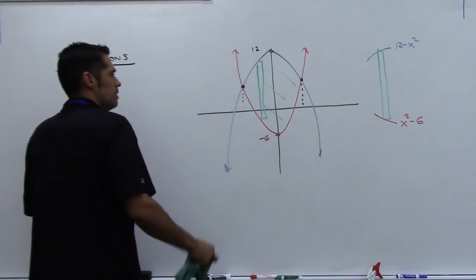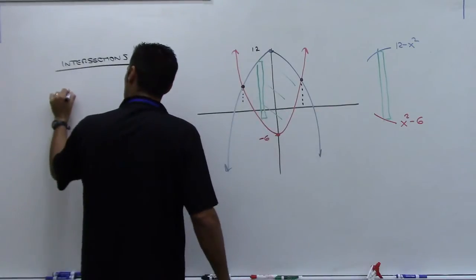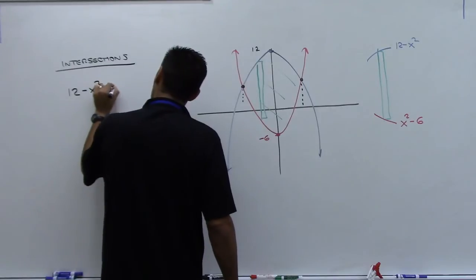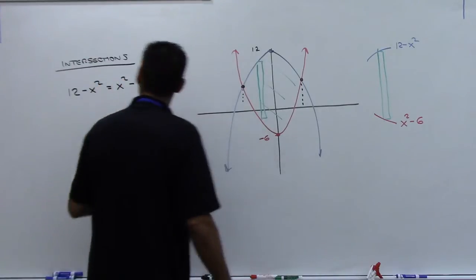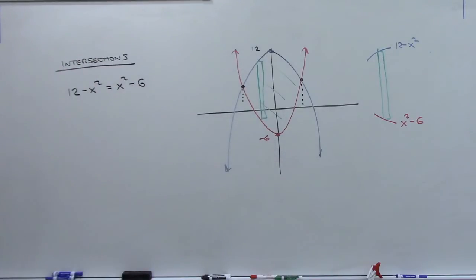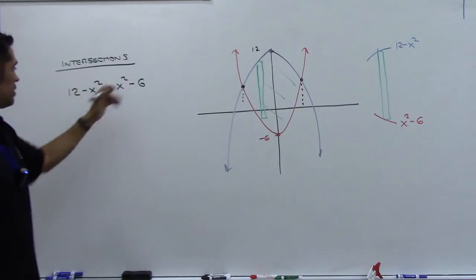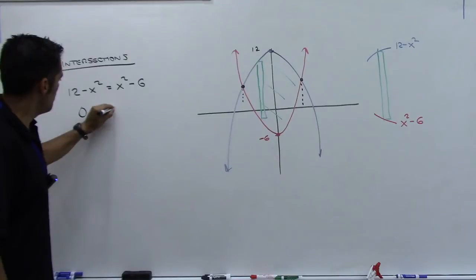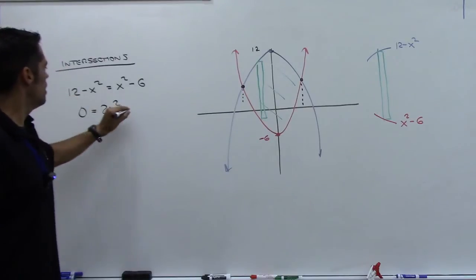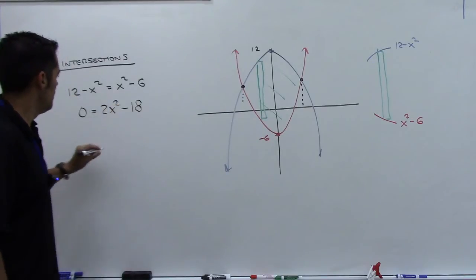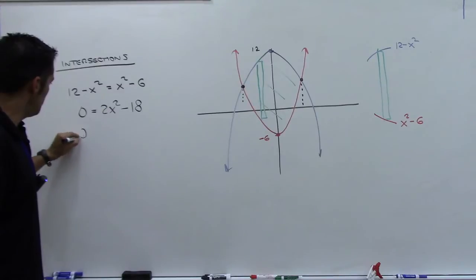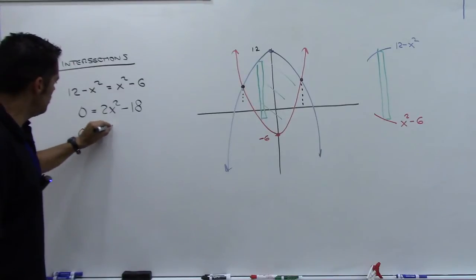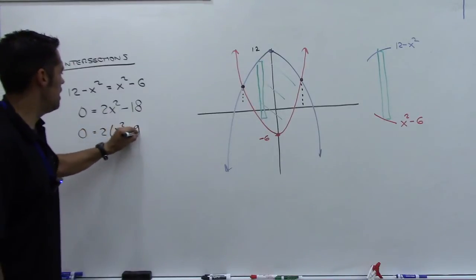So I'm going to set the two curves equal to each other. 12 minus x squared equals x squared minus 6. And I'll move everything over to one side. How about I move everything to the right? I've got 0. Move this over, I get 2x squared. Move this over, I get minus 18. And so if I pull out a 2, I get x squared minus 9.